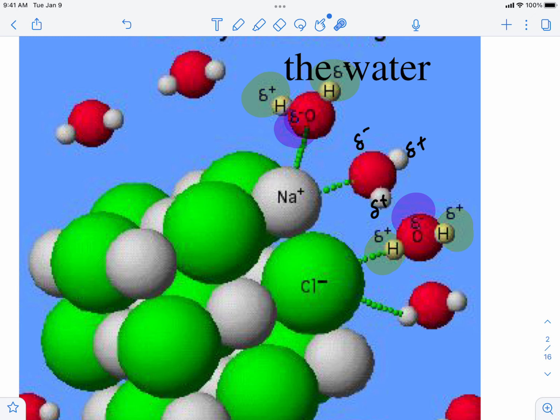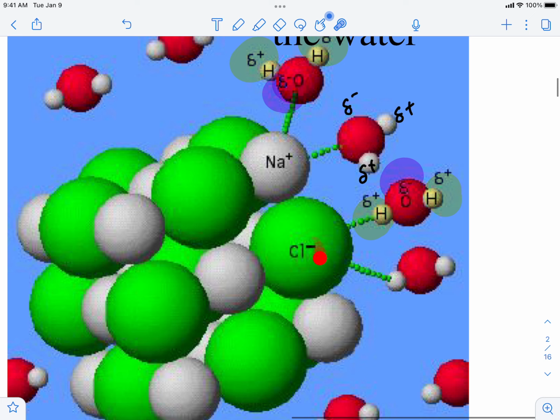Now, let's look at chloride. Chloride is a negative ion. Water's positive side is attracting the negative ion. Same thing. If you get enough water molecules attracting this chloride ion, it's going to get pulled off.